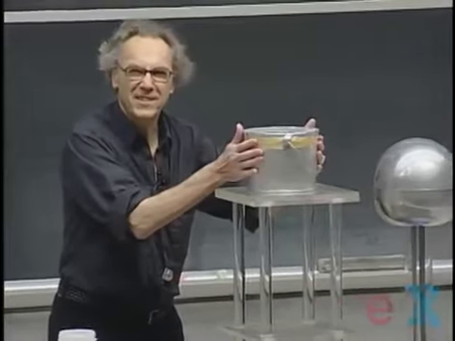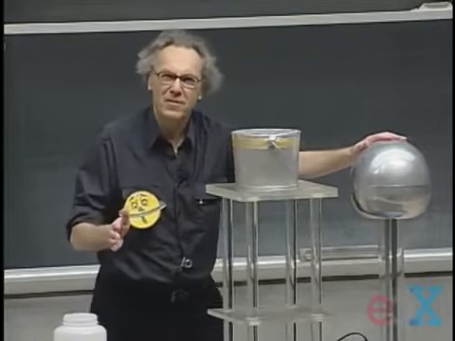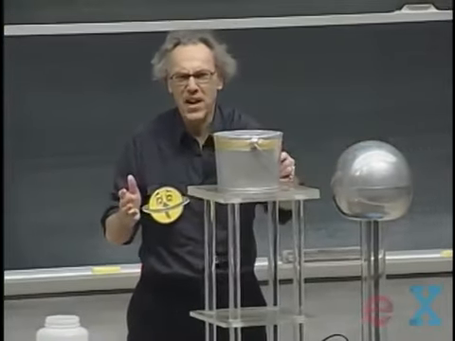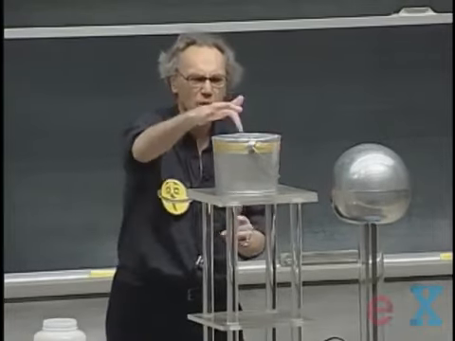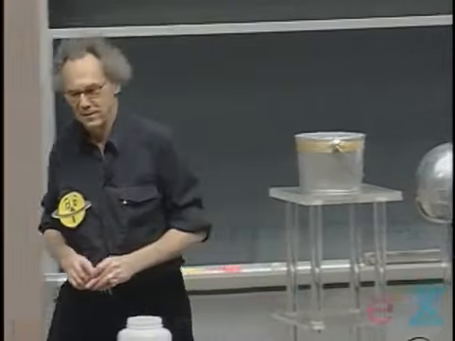That's quite amazing, isn't it? If this were positive, let's assume it is, then this side becomes negative, this side becomes positive, the whole thing is an equipotential, no charge inside. Quite amazing.